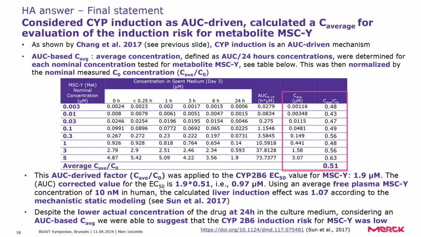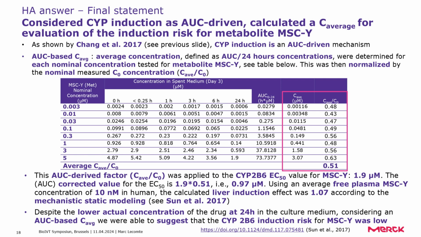And we then calculated a C average, so we divided the AUC by 24 hours to get a C average over the 24-hour exposure of the metabolite. And in the last column, we normalized with the time zero concentration. So we had a C average normalized to the initial concentration, and you see that they are remarkably consistent. So we took the average of all the CYP induction concentrations we were using in this experiment.